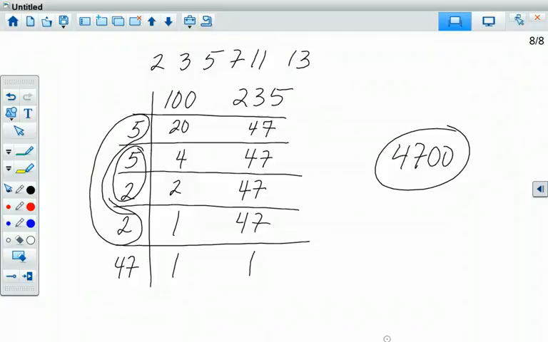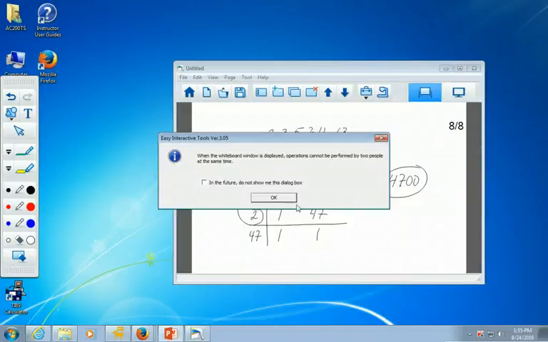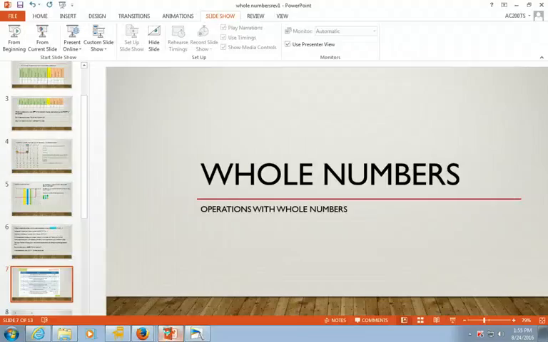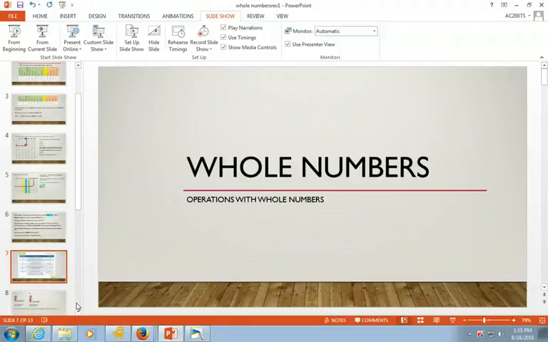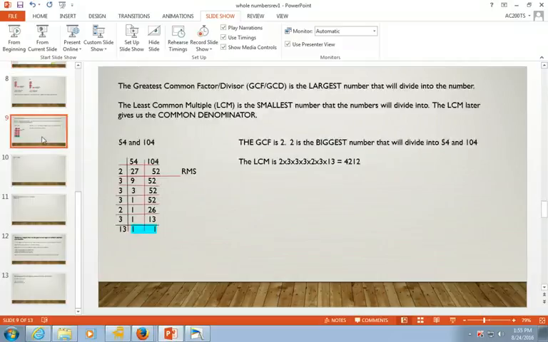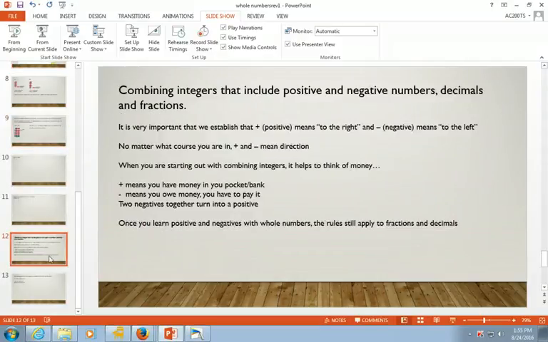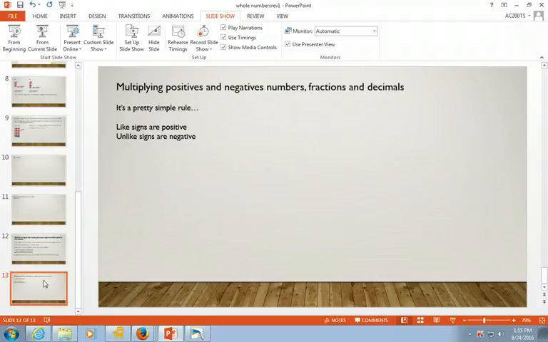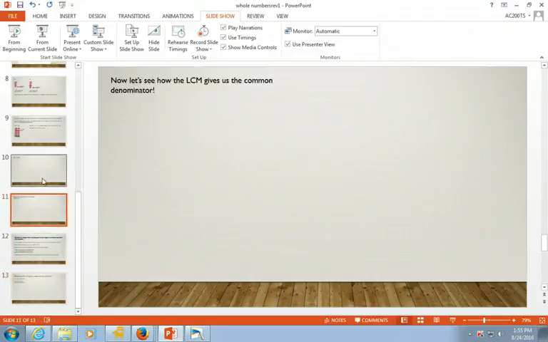Let me mess my computer up again. But I took the time to do these PowerPoints. I'm really proud of them. I'm kidding. Let's see. What's that one? That's not it. Oh well, I didn't include it on this one. Well, I can put it right here.